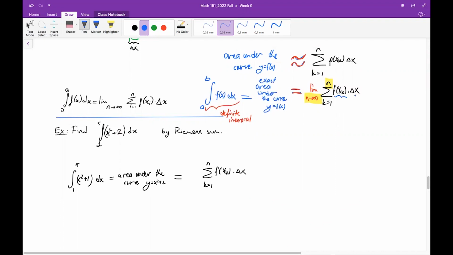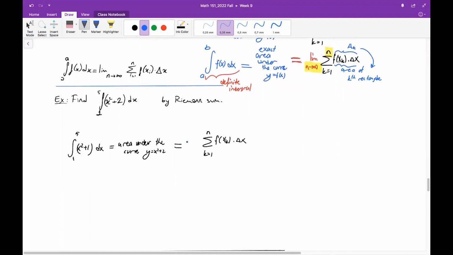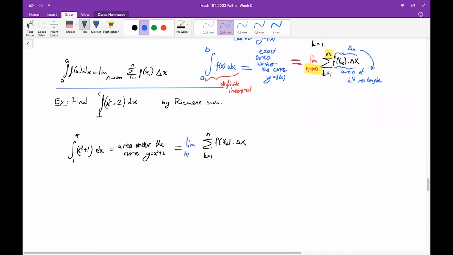So this is in fact the area of the kth rectangle, which you can denote by A_k. And if you put an extra limit where the number of rectangles goes to infinity, this definite integral will be the same as the limit of this Riemann sum.